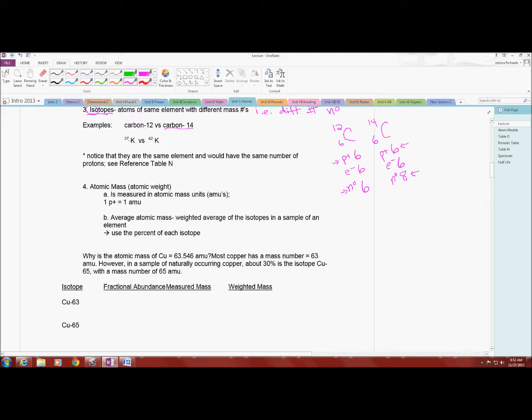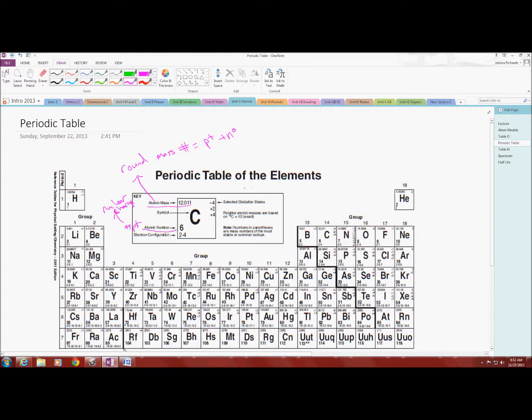So let's compare potassium-37 to potassium-42. Now, if I want to know how many protons, electrons, and neutrons there are, I need one more number. And that number is the atomic number, and we find that on our periodic table. So on the periodic table, we find potassium.